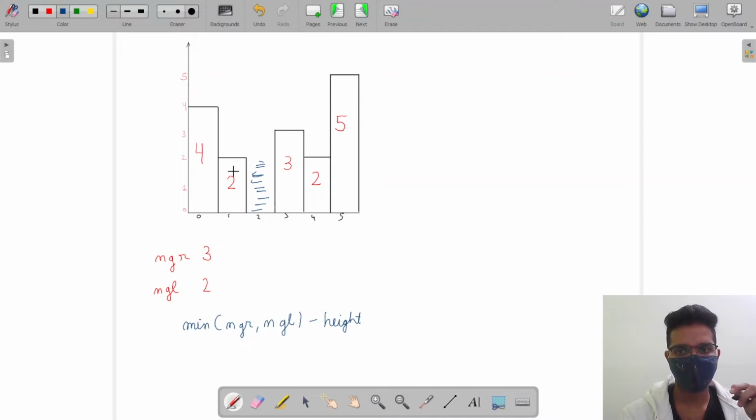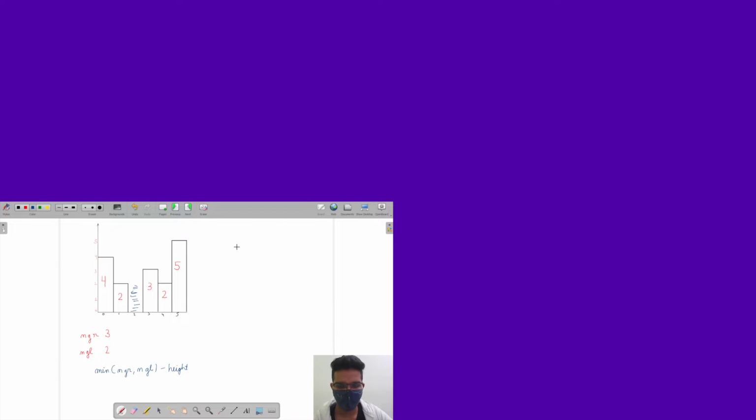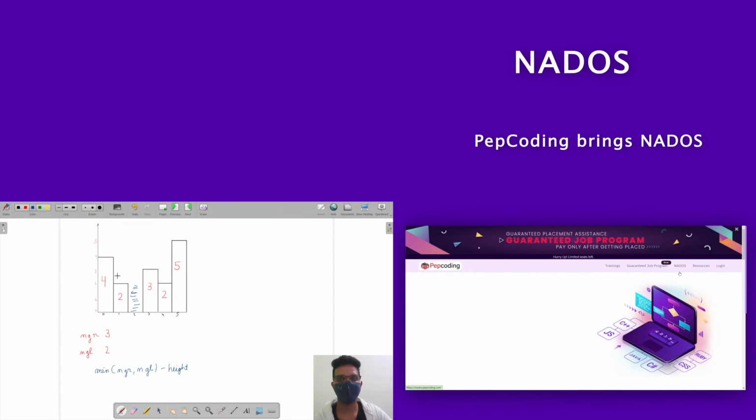But what's the catch? If you use your old formula here, so what would that be? If we talk about our old formula, it was the maximum of left and the maximum of right.